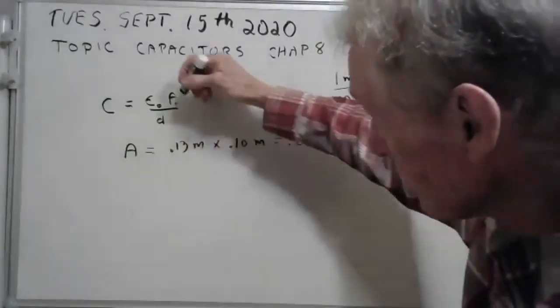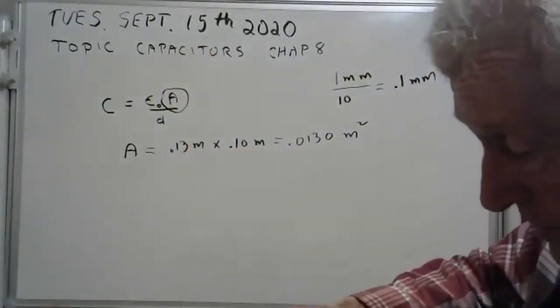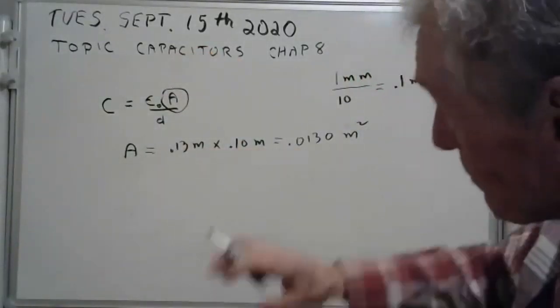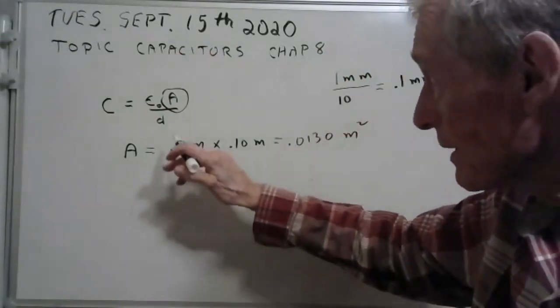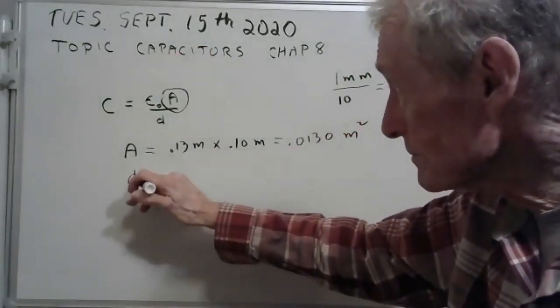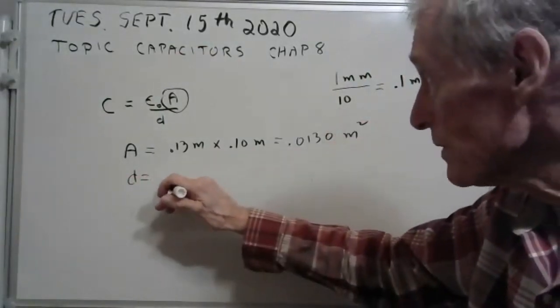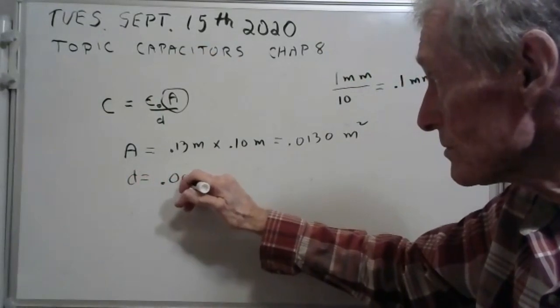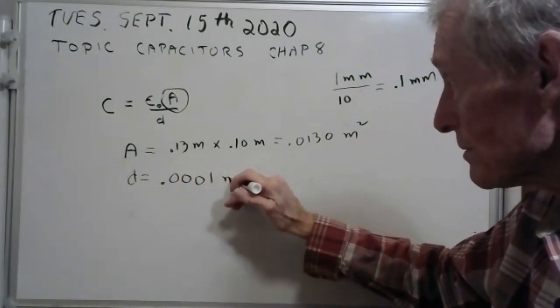So looky here. If you know this, and see, those plates are separated by one piece of paper. And that piece of paper is 1/10 of a millimeter, which is 0.0001 meters.